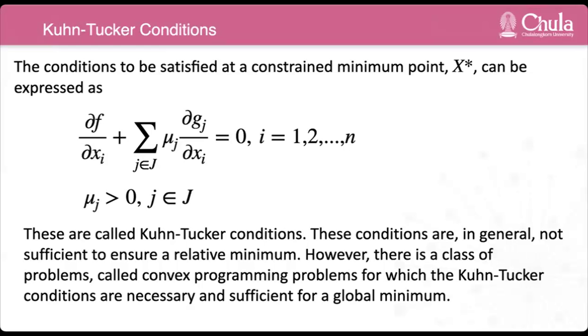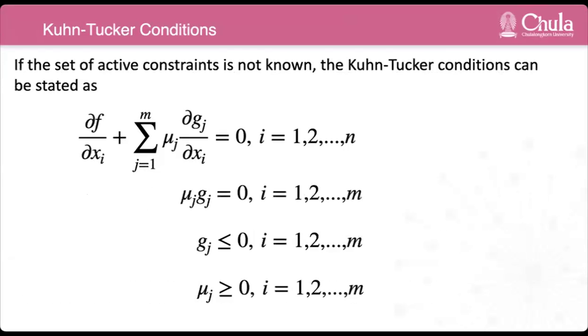Okay, we formulate the necessary condition this way. You see that it looks very similar to Lagrange multiplier, right? Okay, so what else do we need? We need this condition.